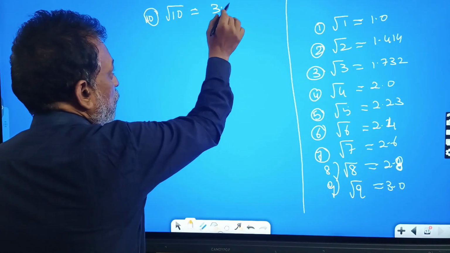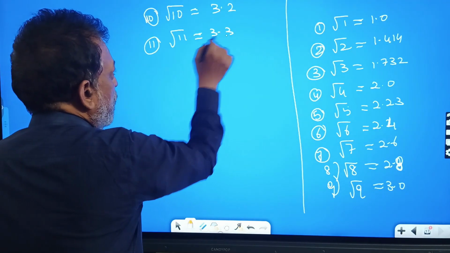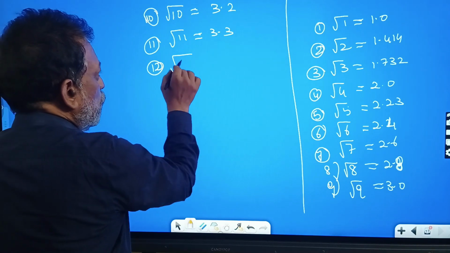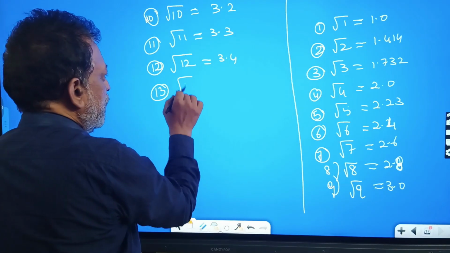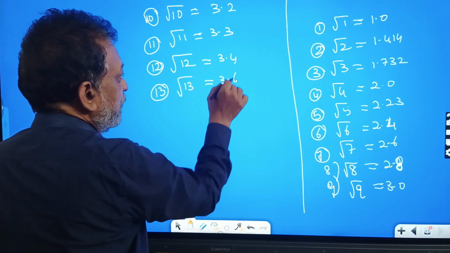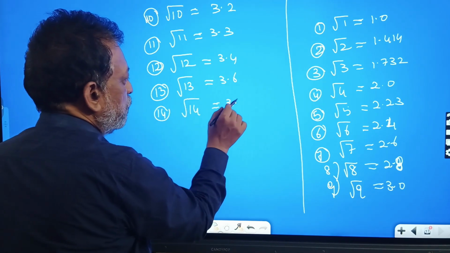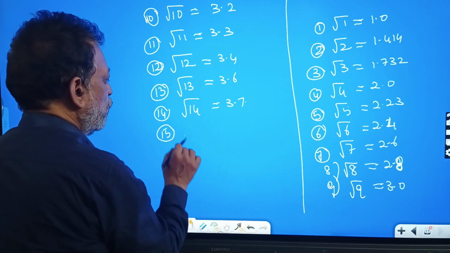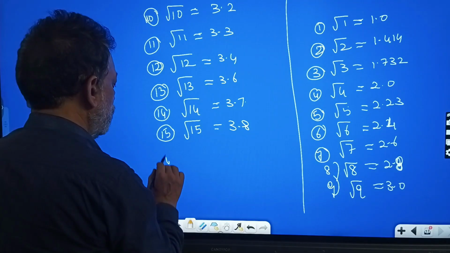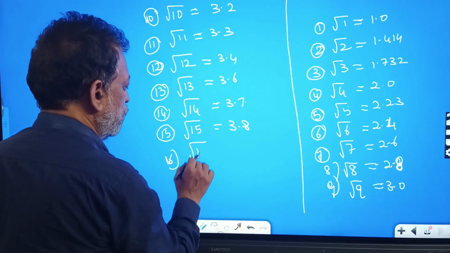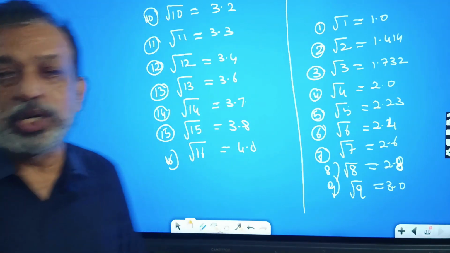Root 10 is 3.2, root 11 is equal to 3.3, root 12 is equal to 3.4, root 13 is equal to 3.6, small jumps, and root 14 is equal to 3.7, root 15 is equal to 3.8, and root 16 is equal to 4.0. And if you remember these values, then many problems you can do easily. Wherever root comes, it means easy.